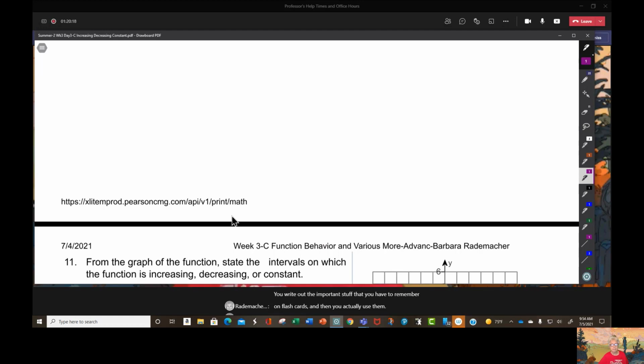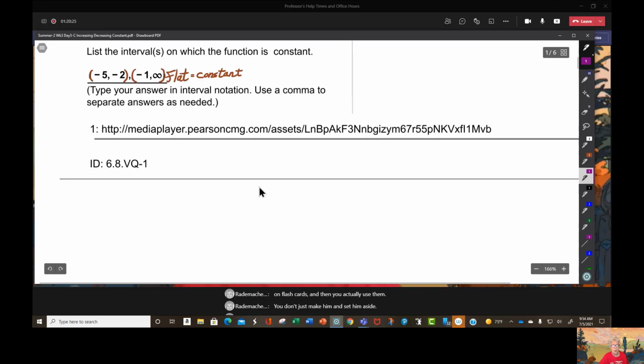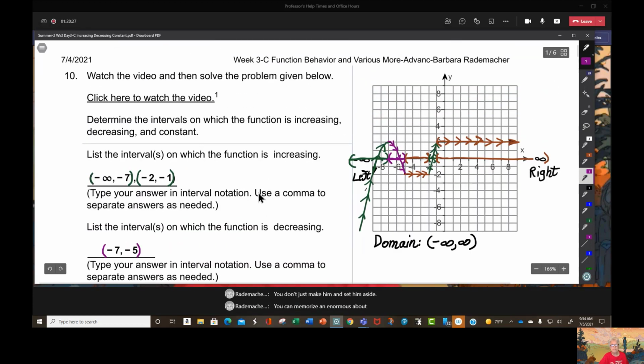You don't just make them and set them aside. You can memorize an enormous amount of stuff with flashcards, more than you ever thought possible.